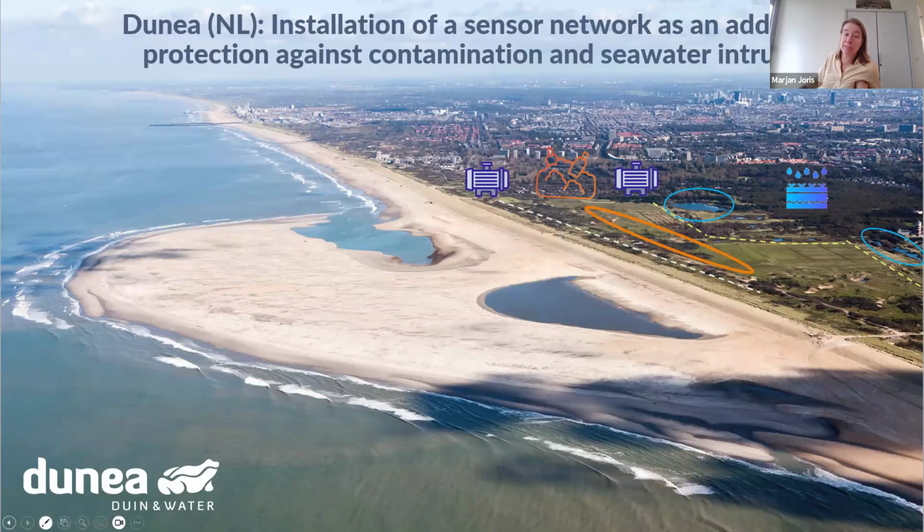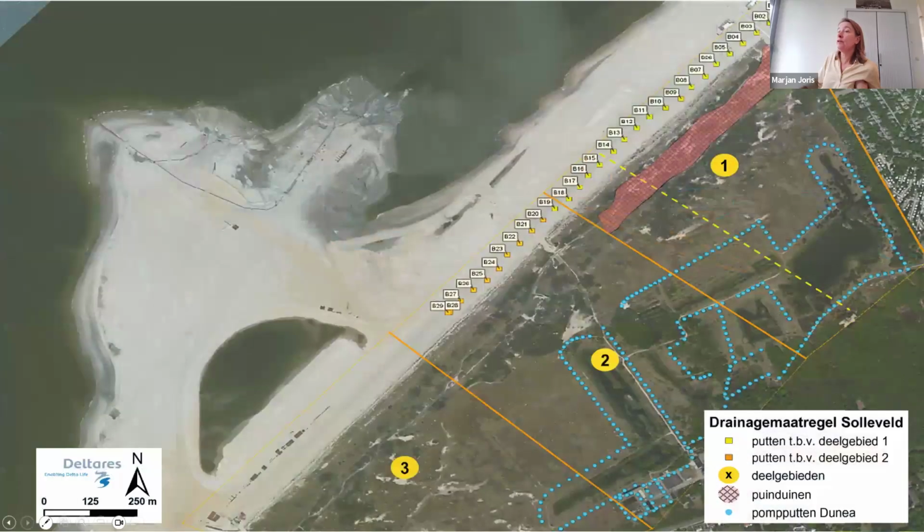So no contamination or salt water would intrude the drinking water wells. Here you see a different picture. You can see from the air the different protection wells near the coastline. The blue dots are the wells for drinking water supply, and in between you can see the ponds where water is infiltrated.